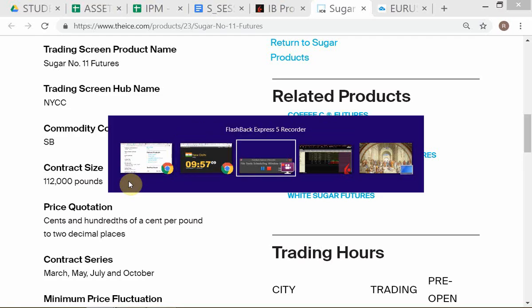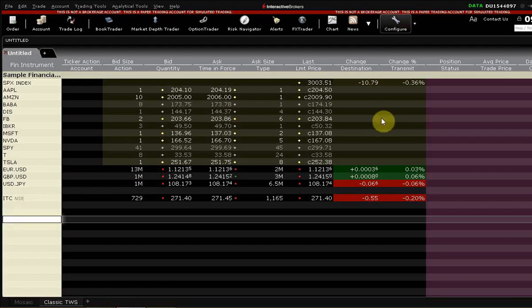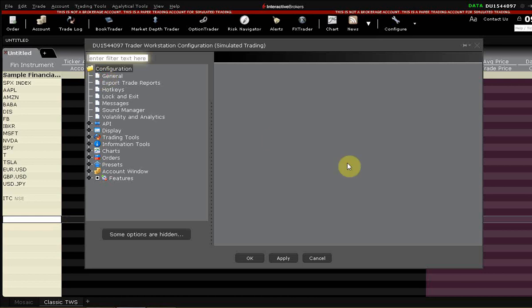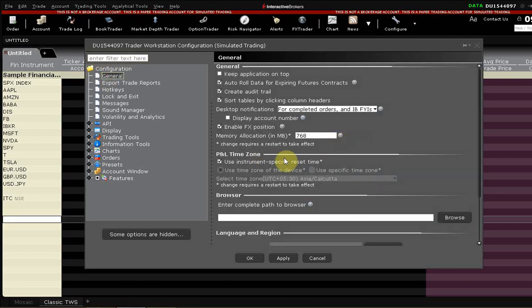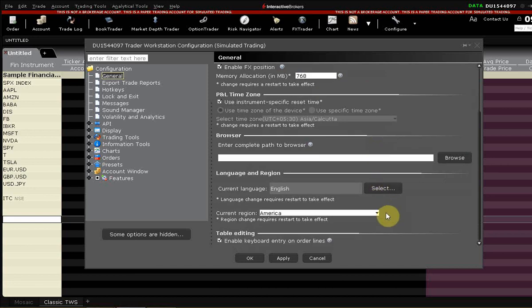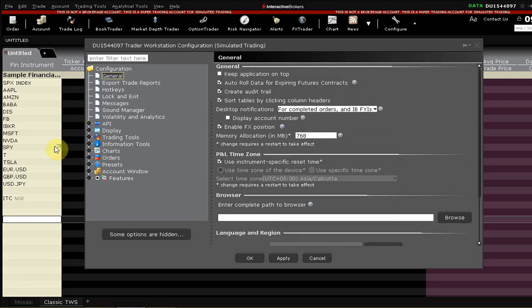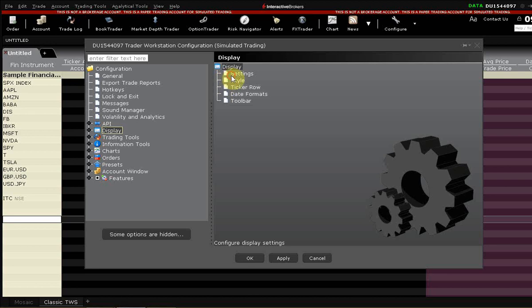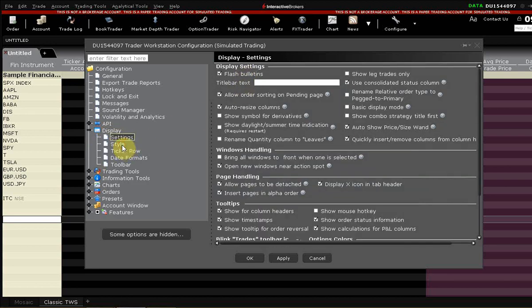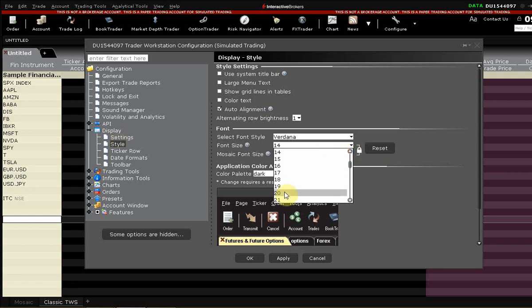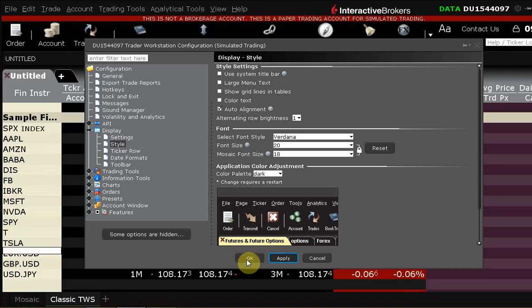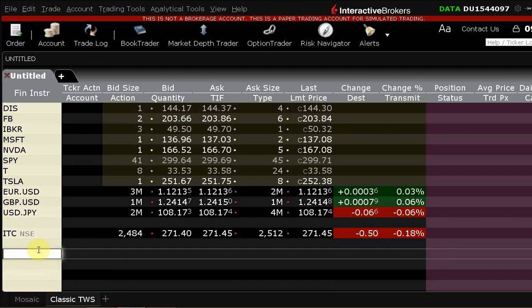Okay, so once again you can see here the difference. If you set up SB here, essentially you'll see that the price display that you saw on the previous day as well, the price display will be dollars and cents per pound.